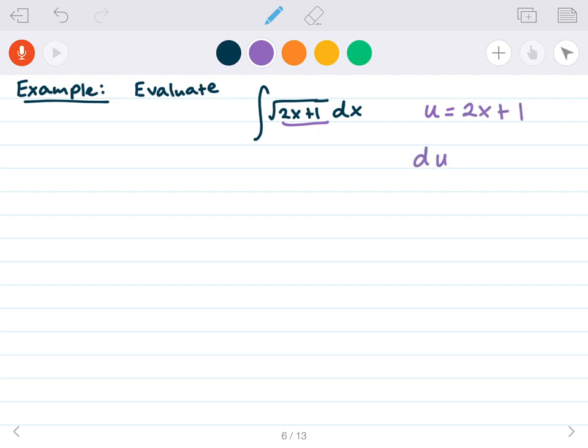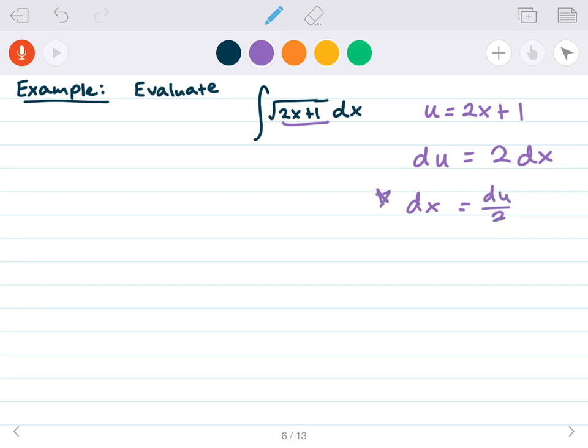Therefore, du is equal to 2 dx, taking the derivative of 2x plus 1. Well, actually, let's go ahead and isolate dx first. So dx is simply du over 2 if I divide both sides by 2. So I'll put that in my pocket.